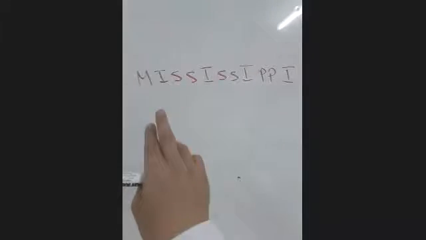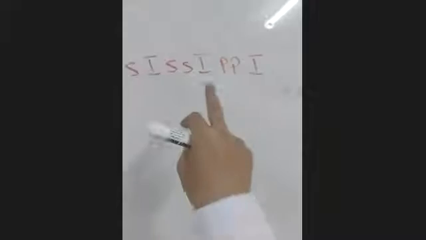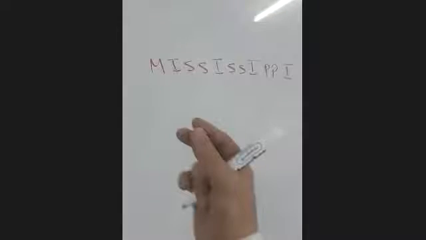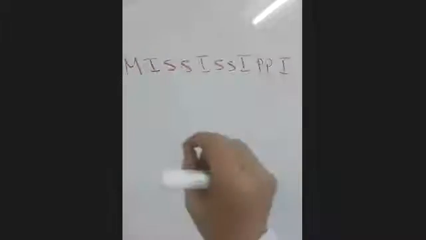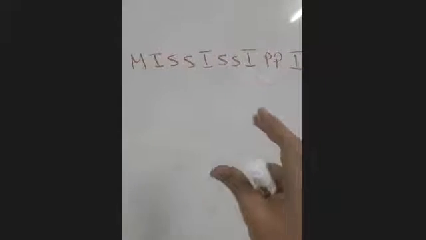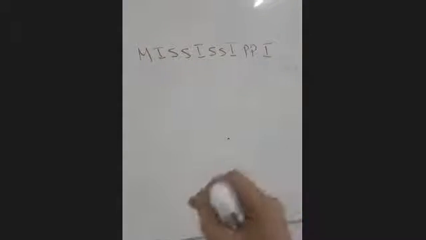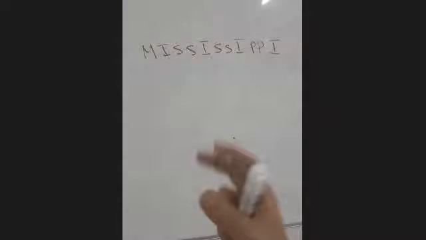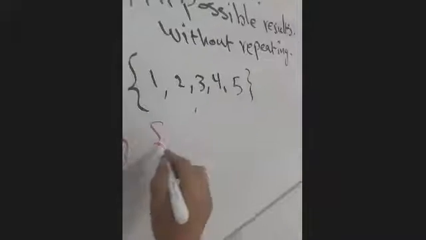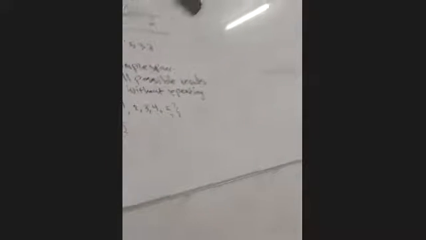We have M, I, double S, I, double S, I, double P, I, right? We write each letter on a piece of paper and put it inside a bag. And our experiment is to select one letter or one card at random. Random, we said, is without looking, right? Now, what is the sample space of this? Do you know?